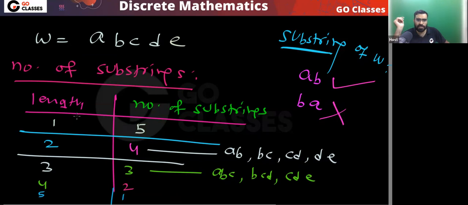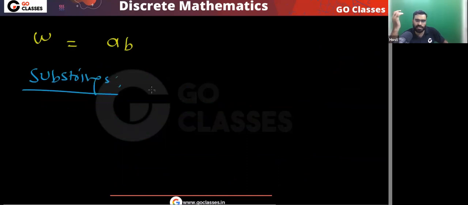Now there is one more thing: there is a 0 length substring. How many 0 length substrings can you create? The empty string. This we study in the theory of computation. So remember, a substring can have length from 0 up to the length of the string.